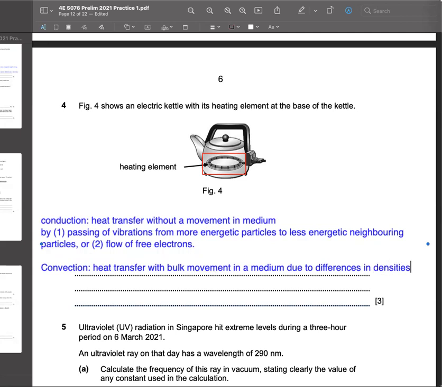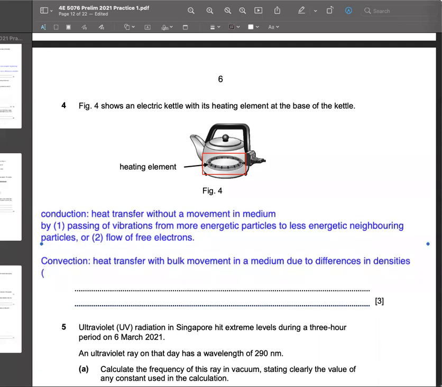These are words you must use. I really tried to cut down a lot of words already, but you must use these. So you will say the less dense hot fluid rises, while the denser cooler fluid sinks. Okay.